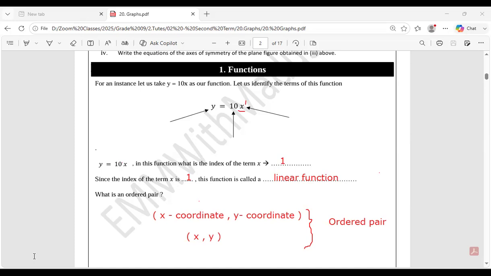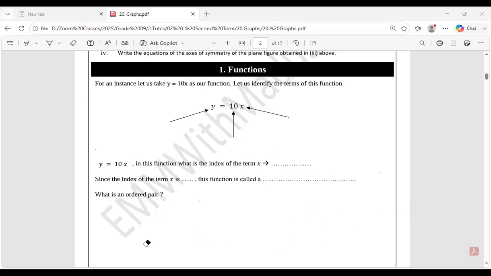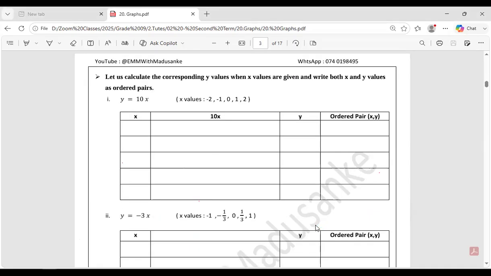We have a page here. These things are small but important. They are basic level but important, right? So I'm going to do this on the board, otherwise you won't get anything.